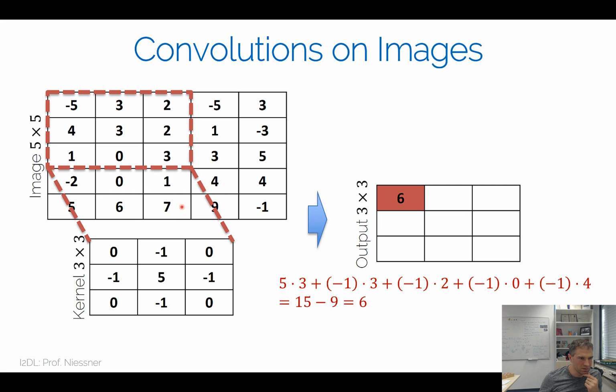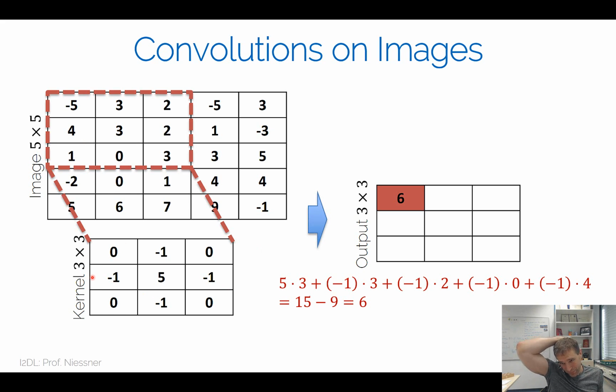Got it. Now I got it, how it starts. It starts in the middle, actually. Here we're starting with 5 times 3. Then we have -1 times this 3. Then we have -1 times 2, -1 times 0. Then we have 4 times -1, and we have zeros everywhere else.